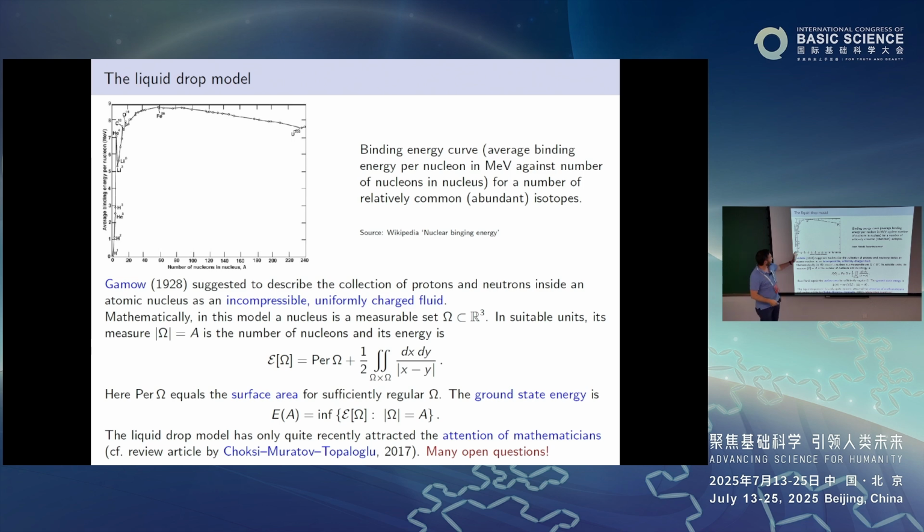And so we have here the elements hydrogen, helium, lithium, beryllium, and so on. And as I said, this curve is the binding energy per nucleon. What you see is this curve goes up, reaches a certain maximum at a certain iron isotope, and then goes down.